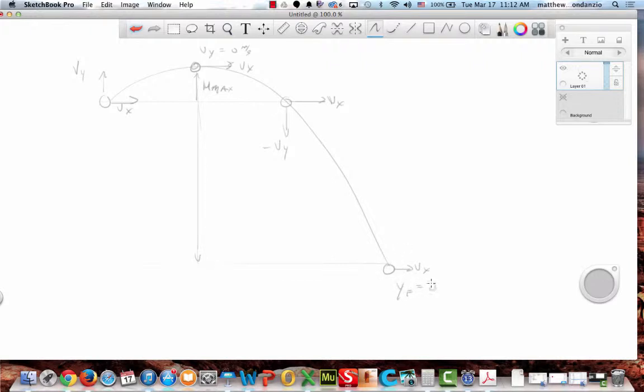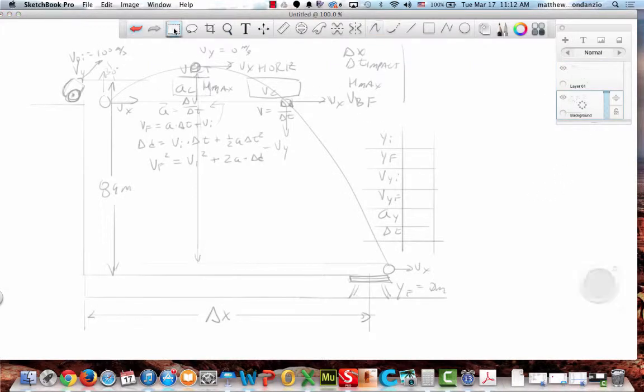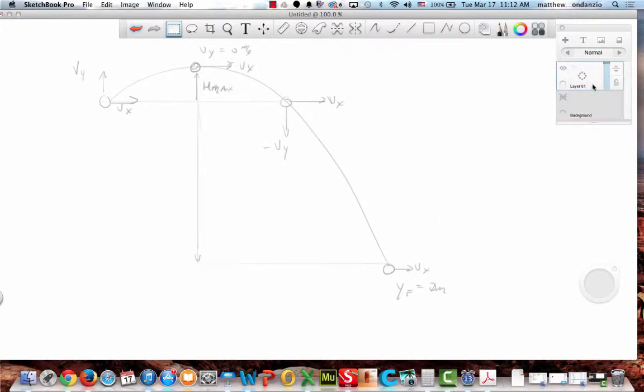Y final equals 0 meters. Every point allows me a little additional piece of information. But depending on what my initial and final is, that table is going to change. Let me get this really fast. Copy, paste. This table is going to change depending on what I'm looking at.